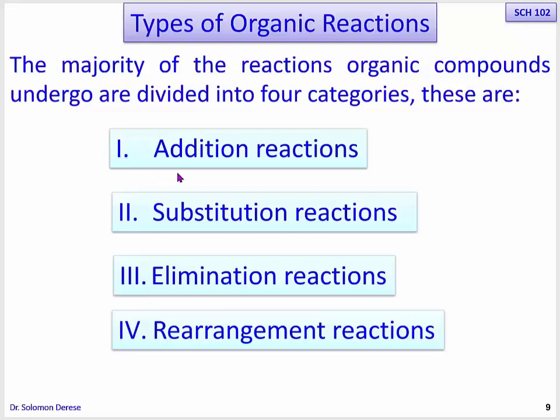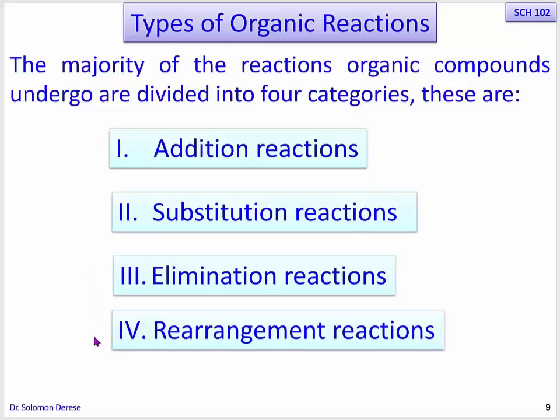During an addition reaction, 2 reactants will add to one another to give a single product. In a substitution reaction, part of the reacting species will exchange with each other to give a product. During an elimination reaction, from the reactant, certain groups will be eliminated to give 2 different types of product.